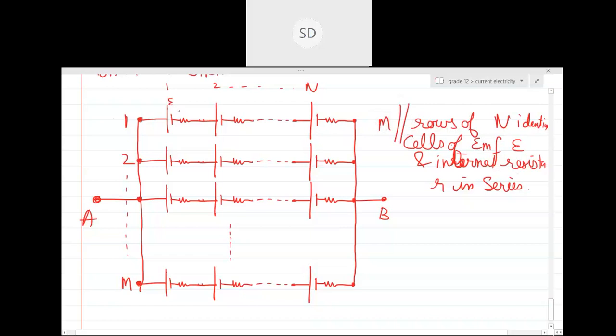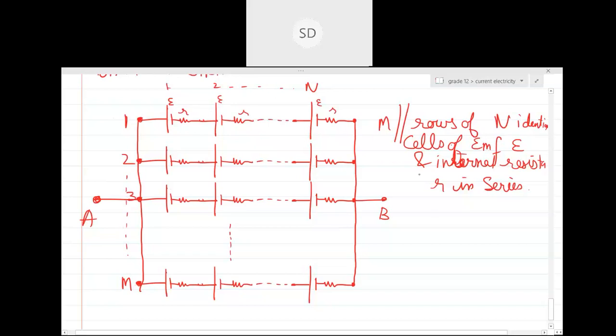Can you see, guys? E R, E R, E R. There are n identical cells in each row. Yes or no? And there are m rows. Number of rows is m. Can you see over here 1, 2, 3 till m?